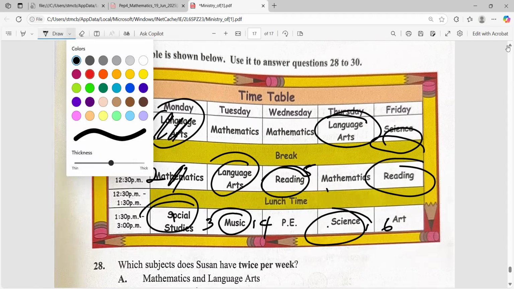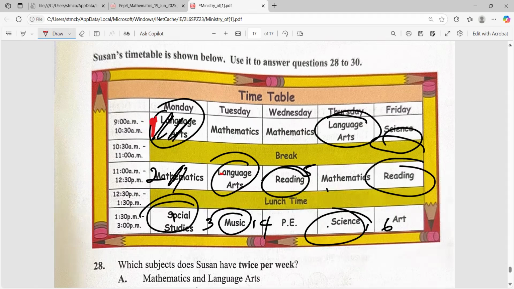So we have 1 for English, 2 for maths, 3 for social studies, 4 for music, PE makes 5, reading makes 6, art makes 7.